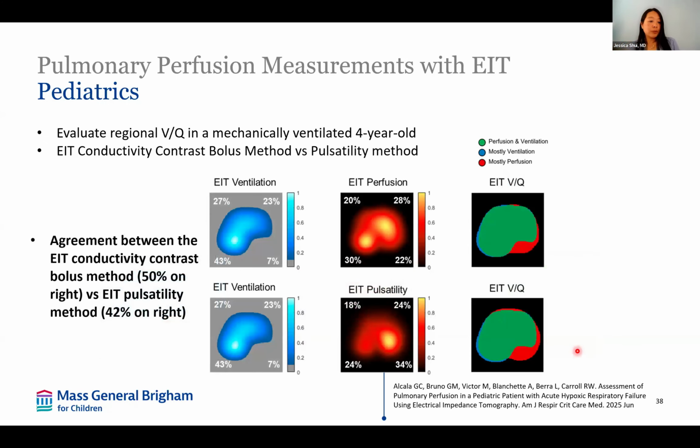And another thing we're exploring is that sometimes pediatric patients or infants are not able to tolerate a hypertonic saline bolus.